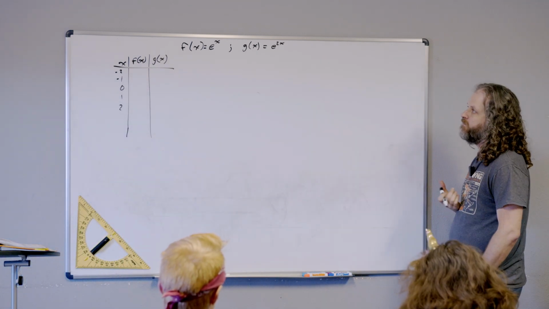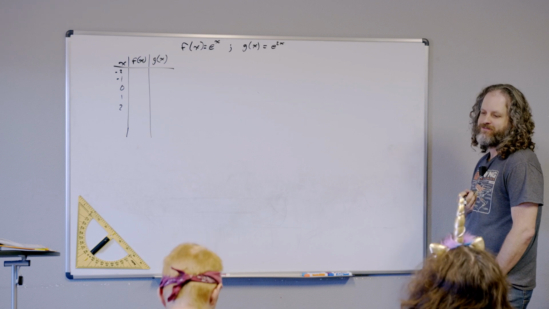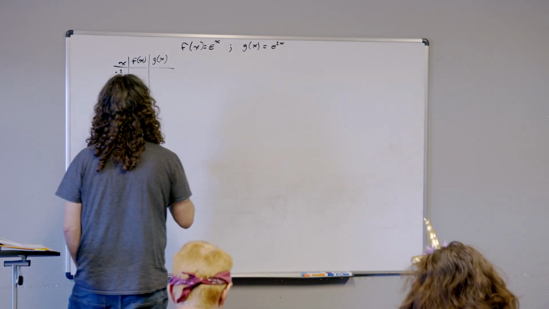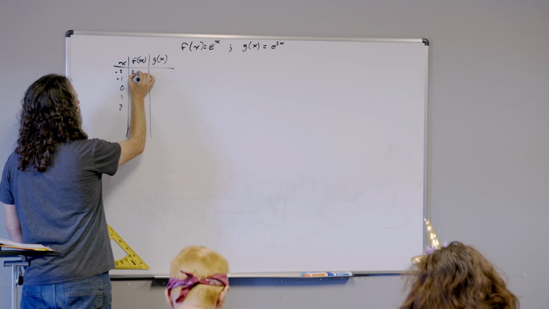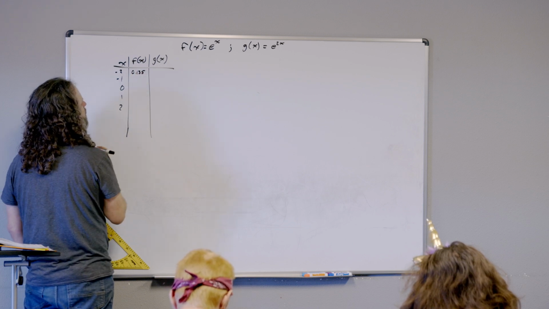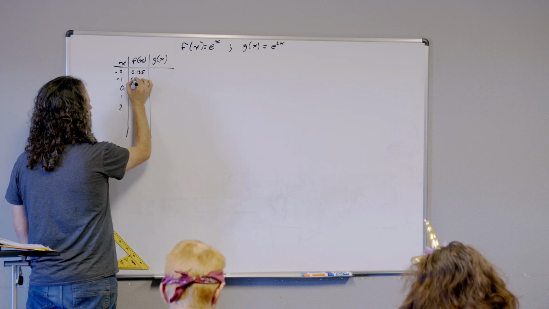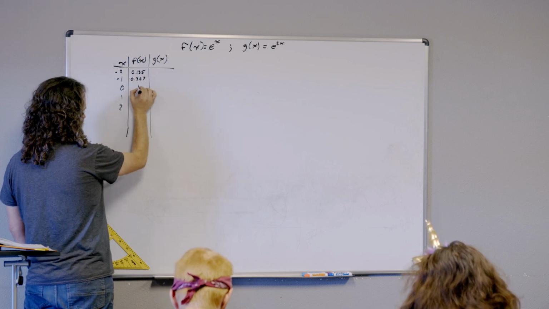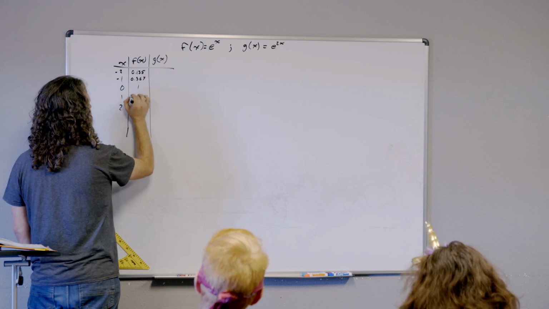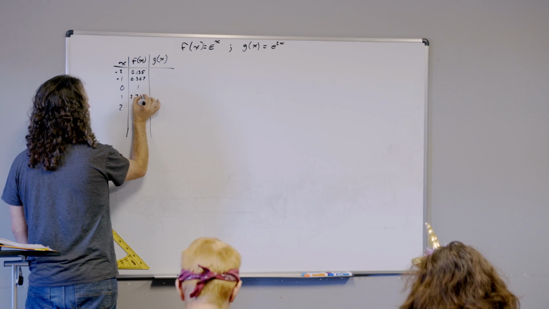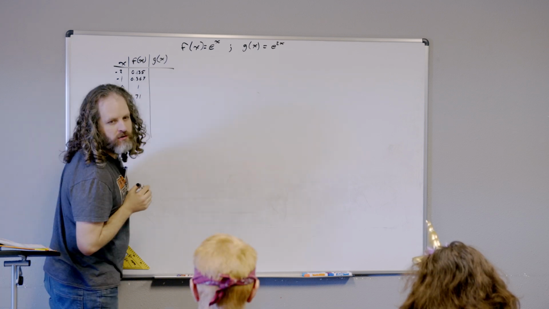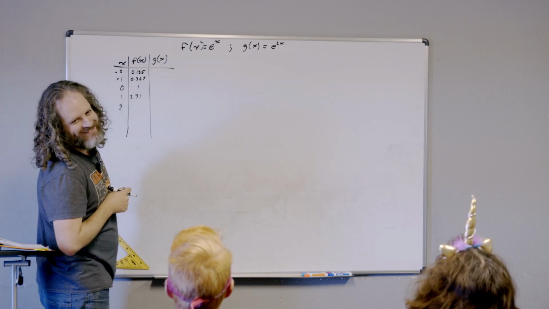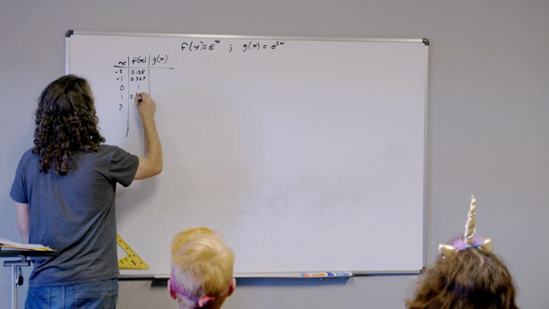Do you want me to tell you what they are so you remember? For f of x, -2 is 0.135. -1 is 0.367. 0 is 1. 1 is 2.718. 2 is 7.39.